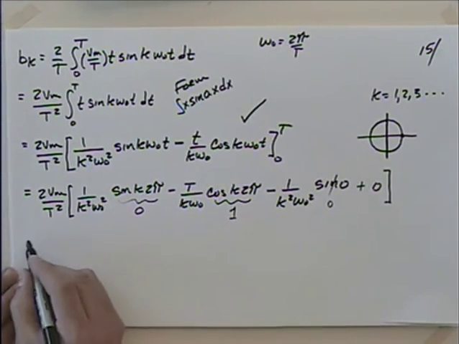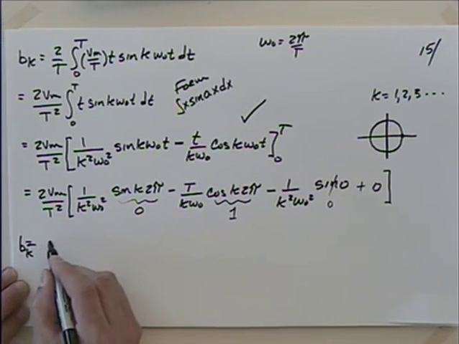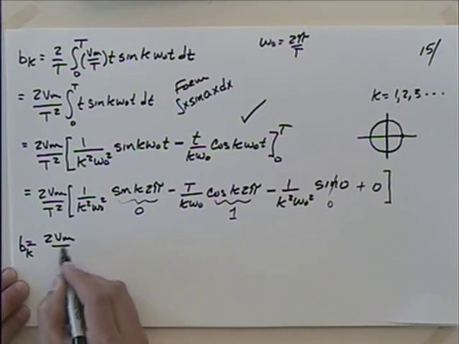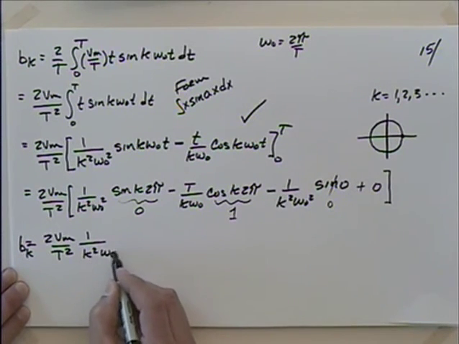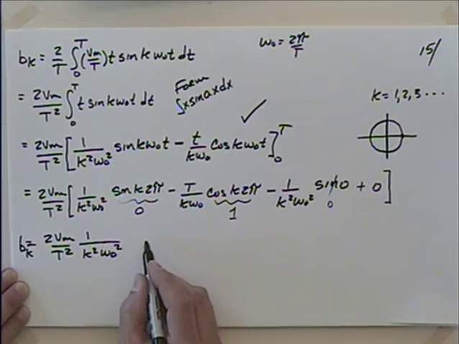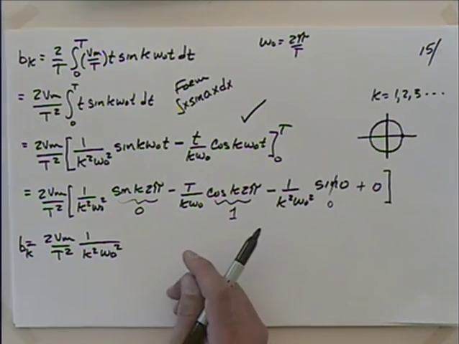So it looks like I'm left with, for b sub k, 2 Vm divided by T squared times 1 over k omega naught, whoops, I don't square those, do I?